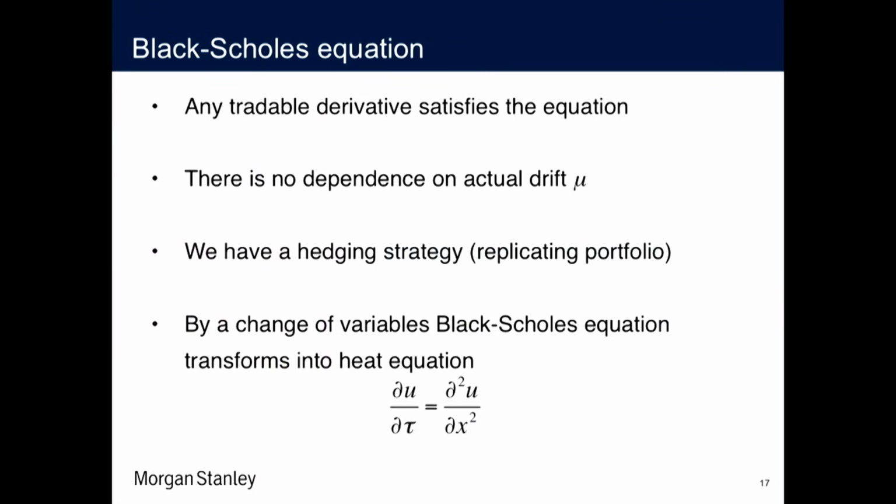Another more mathematical but practical consequence is that by a certain not very easy change of variables, we can take the Black-Scholes equation and put it back to the heat equation. Actually, I suggest it as one of the topics for the final paper, for you to do it or check it out in the books and understand it.